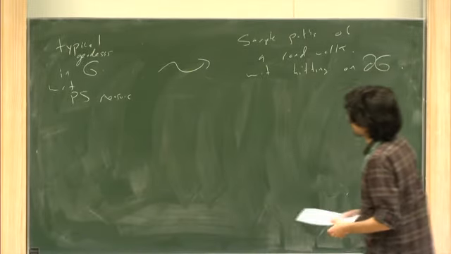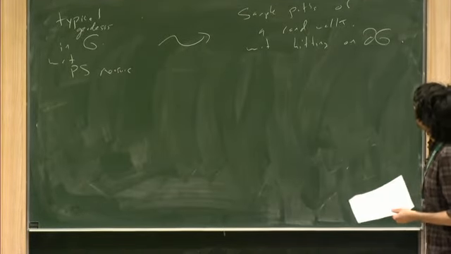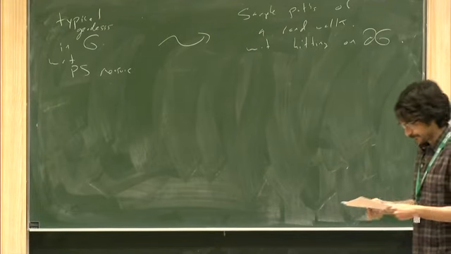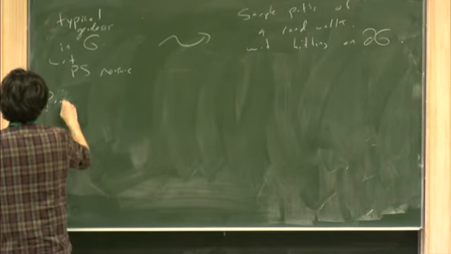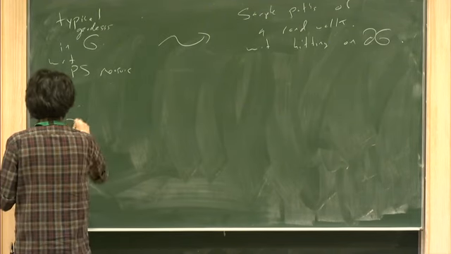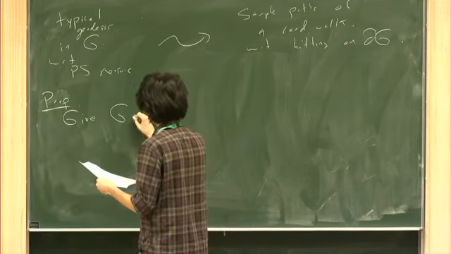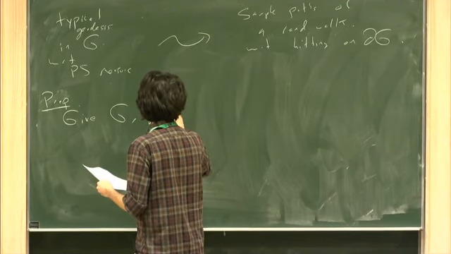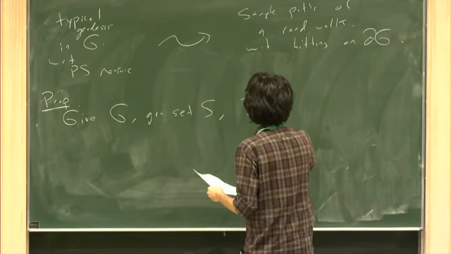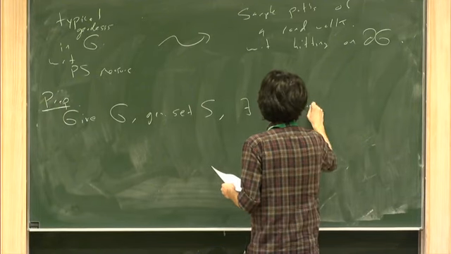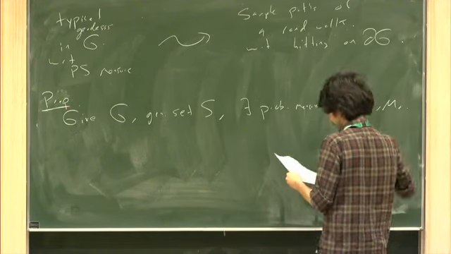So let me write down the proposition that makes this rigorous. What does it mean to translate information about typical geodesics in G into information about sample paths of random walks? So we do so with the following proposition. So given G, our hyperbolic group, and the generating set, there exists a sequence of probability measures, I'll denote them mu_1 up to mu_r.